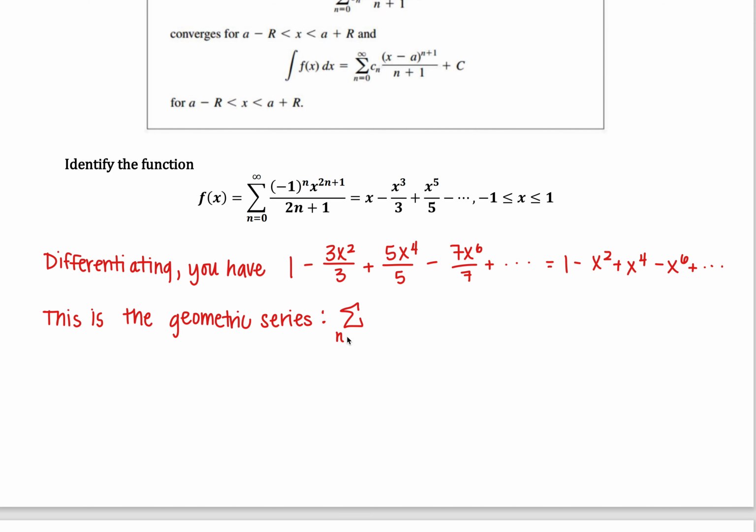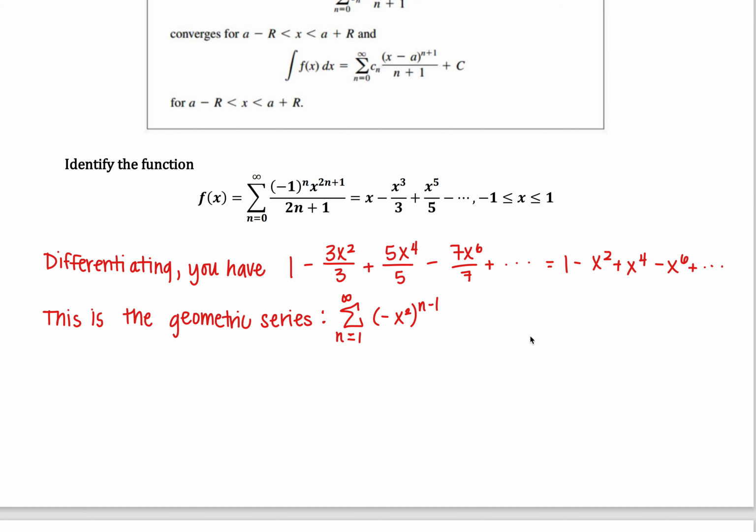So I'm going to start here at n equals 1, to infinity, and we've got negative x squared to the n minus first power. So when n is 1, we'd be raising it to the 0 power. Anything to the 0 power is 1. When n is 2, it's negative x squared to the first power, which is here. N is 3, negative x squared to the second power, you get positive x to the fourth, and so on.